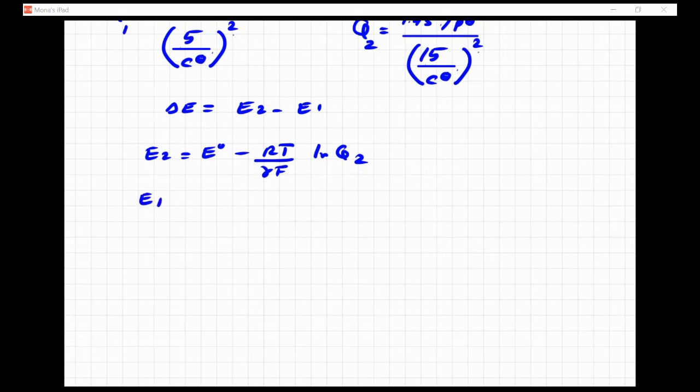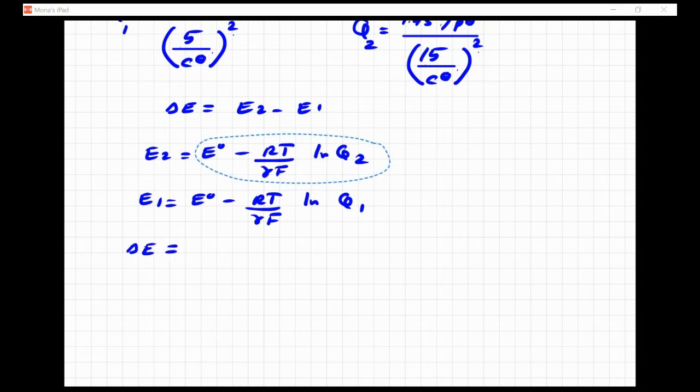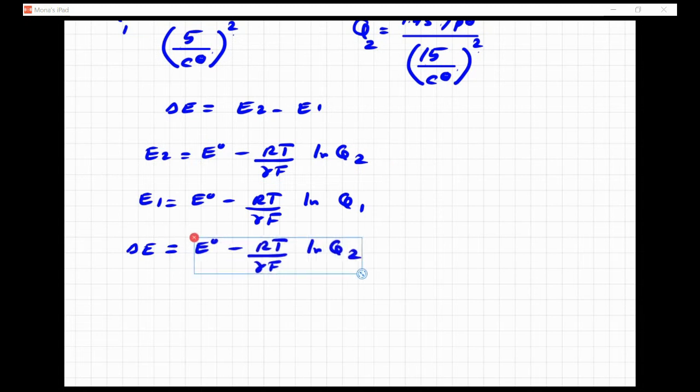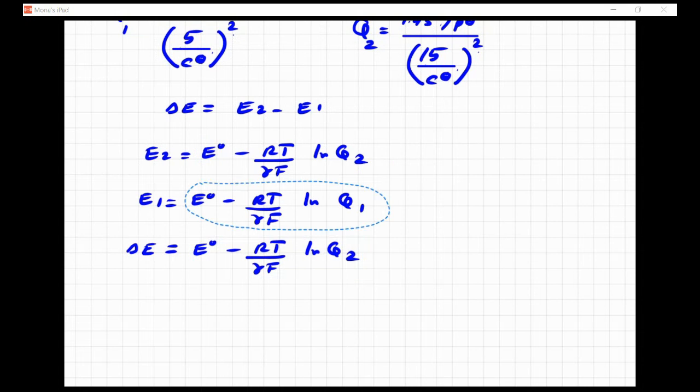E1 will be equal to E standard minus RT over nu F ln Q1. So delta E is E2 minus E1.